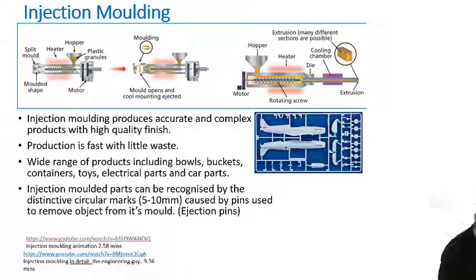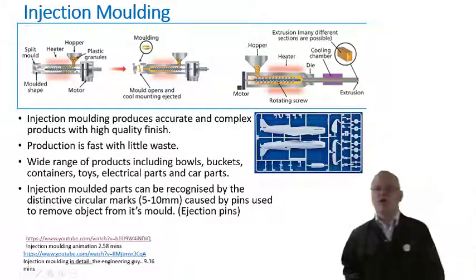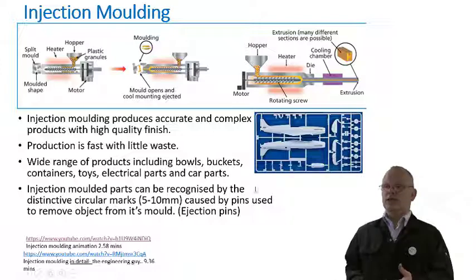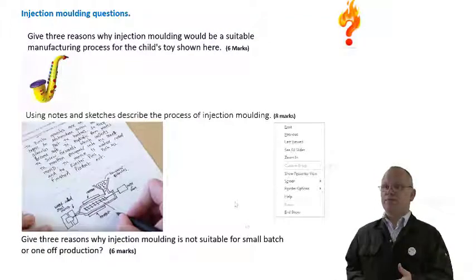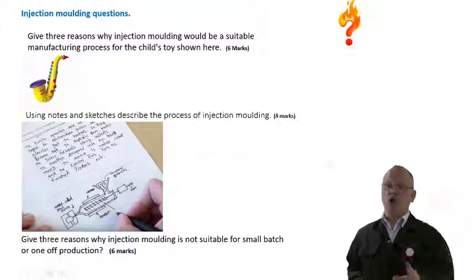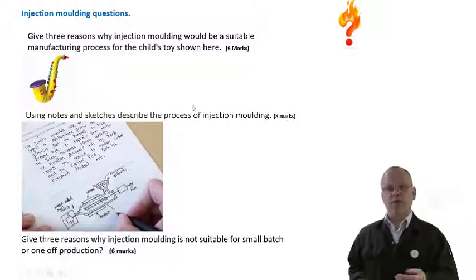This is one I think you really need to make sure that you've got the diagram in your head of the injection molding machine. Now the question that you're often asked in the exam is, using notes and sketches, describe the process of injection molding. So you need to be able to show 3 or 4 of the main stages. That would include the hopper, the screw, the heaters, and the 2-part tool.